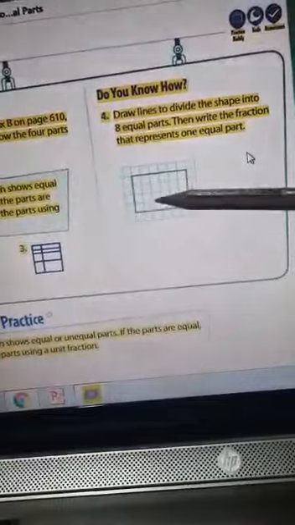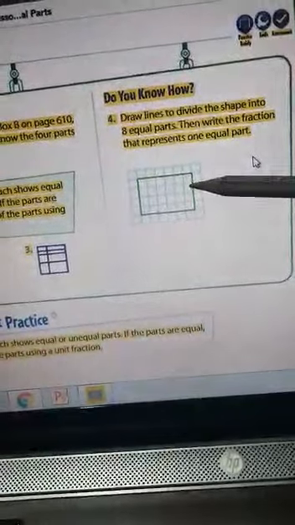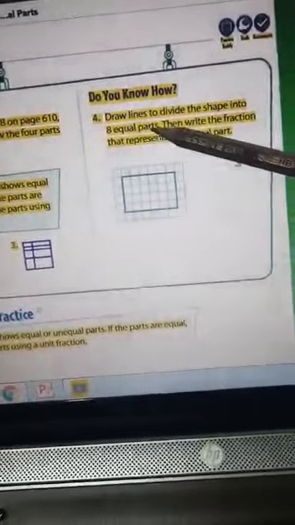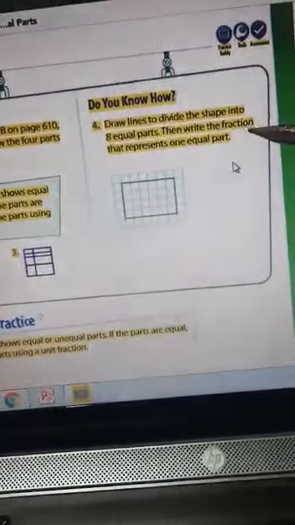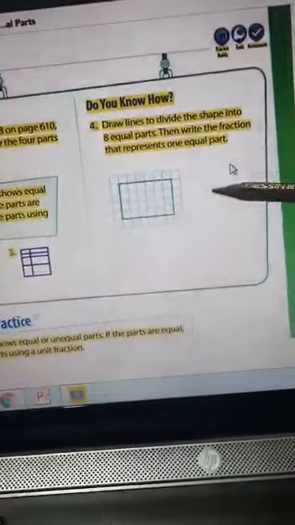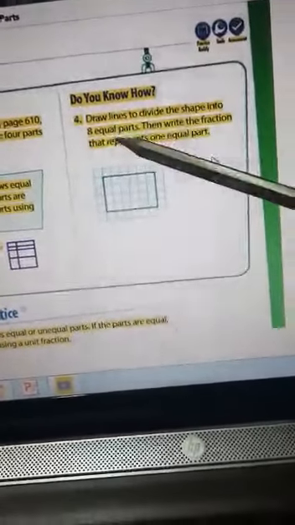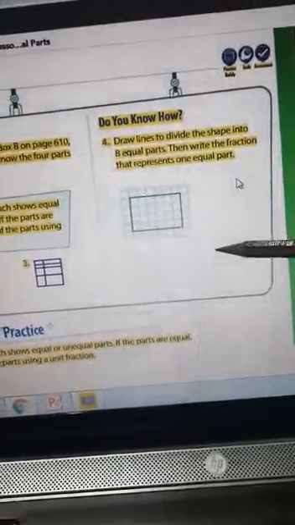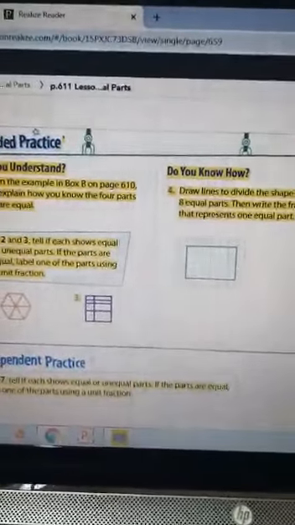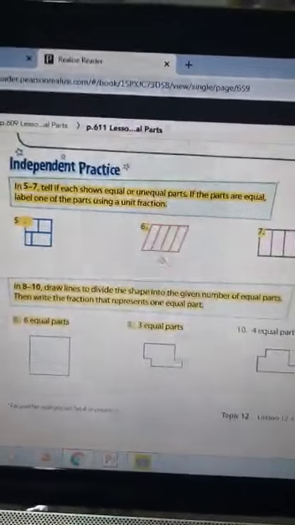You can divide it in many ways, but they should be equal parts. Then you write the fraction, and it means 1 of 8, not 1 of 7, because they said 8 equal parts. It's easy. You can do it and show it to me inshallah after a little, before 1. Then after 1 I will send you the answers, the page which is corrected with answers.